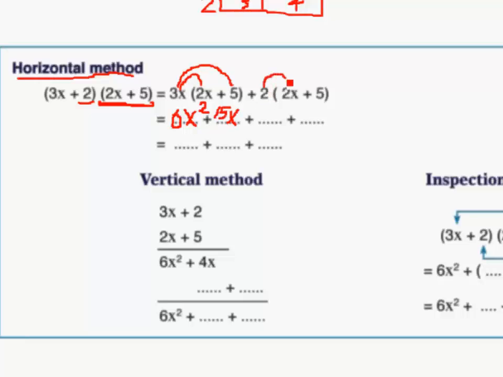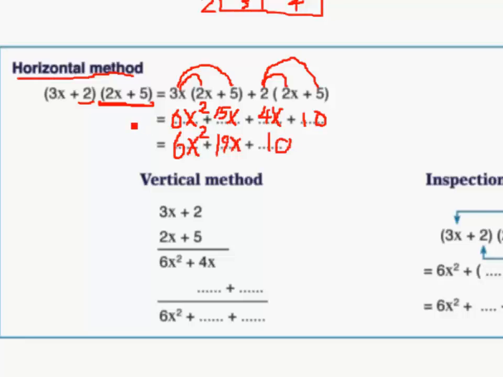Plus 2 times 2x is equal to 4x. Plus 2 times plus 5 is plus 10. So we have 6x squared, and here we have 15x plus 4x is equal to 19x plus 10.